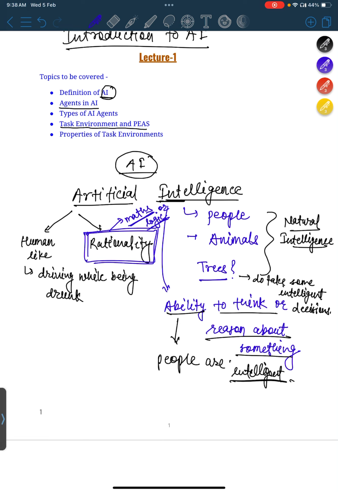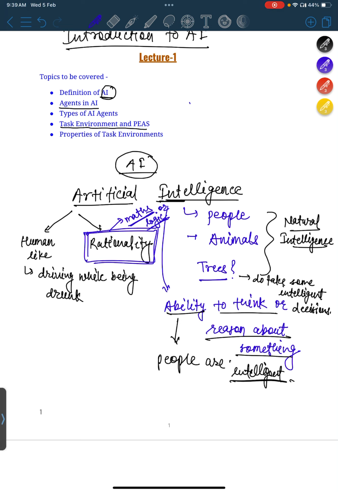Whatever decision the AI system is taking, it has gone through a thinking process which resulted in that conclusion. These were the assumptions the AI system made, and this was the information that was available.